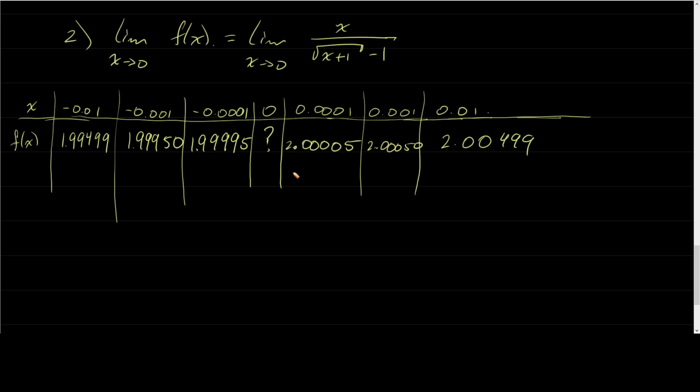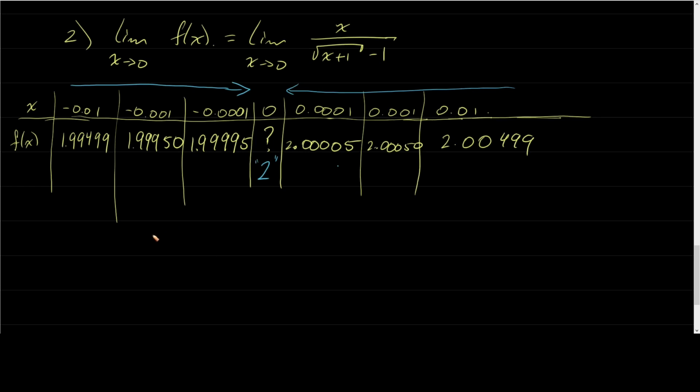So what you see here is we're getting closer as we're approaching 0 from the left, as well as 0 from the right. Well, what do these values seem to be going to? Well, it seems to be going to 2, right? Between 1.99995 and 2.00005 is 2. All right, so that would be the limit here.